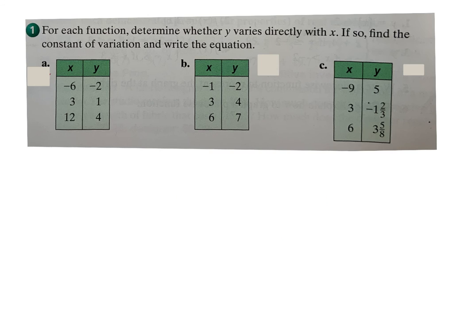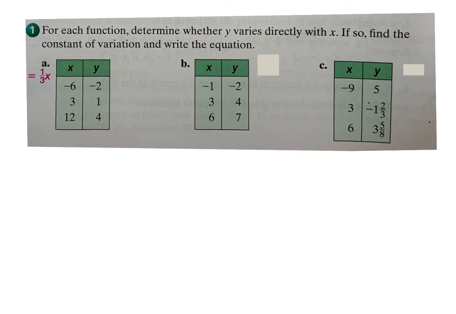All right, let's look at these. First one, does it directly vary? That's the first question. Yes or no? Yes, and what is the constant of variation? 1/3. All right.